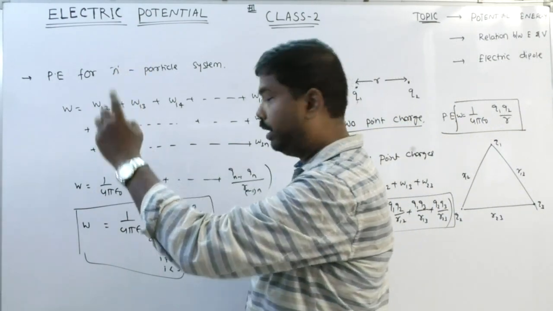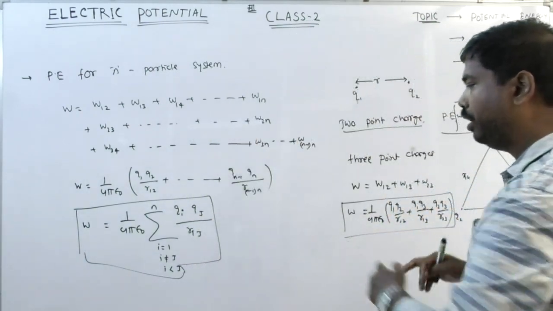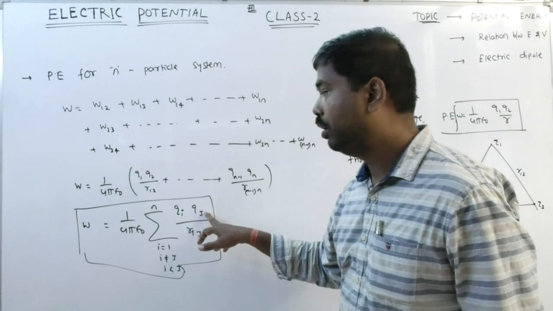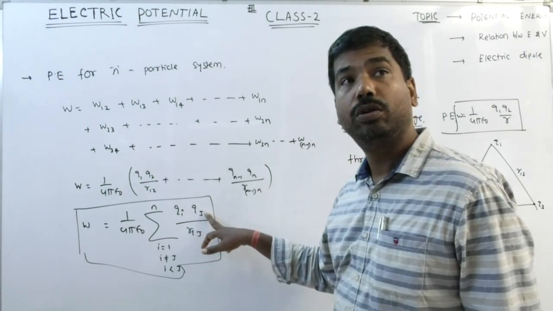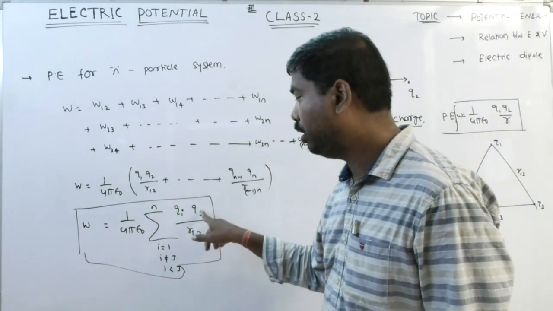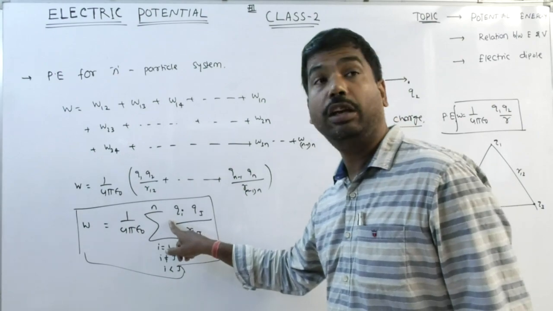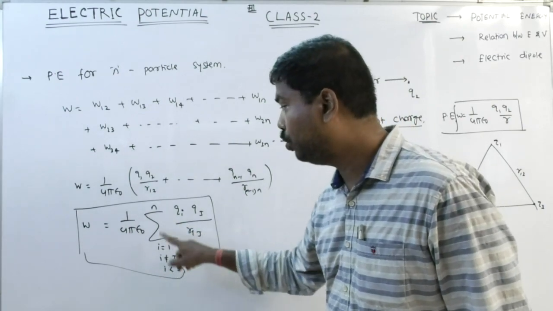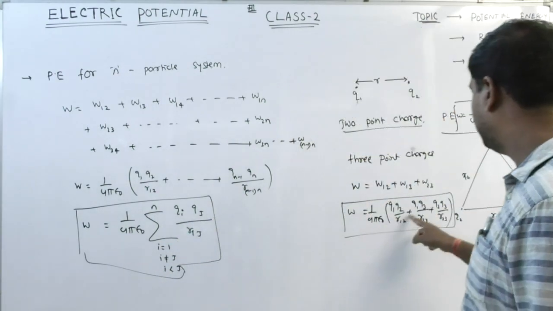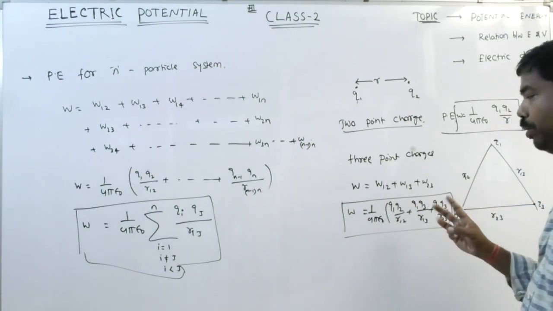For a 3 particle system, n is 3. Then Q1 Q2, then Q1 Q3, then i becomes 2, 2 3. This is Q1 Q2 by R12, Q1 Q3 by R13, Q2 Q3 by R23.